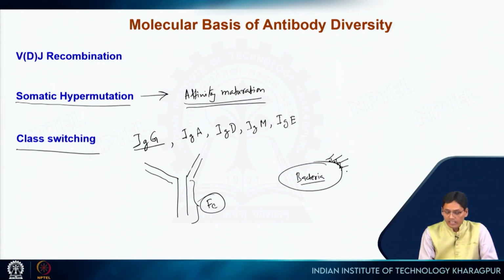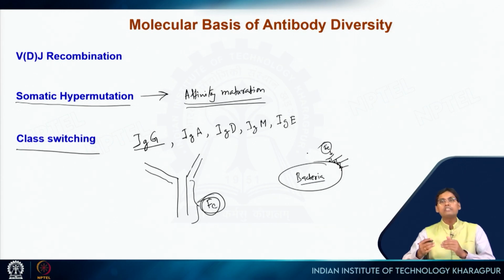Now this is the Fc region. Some immune cells have Fc receptors, and different types of Fc receptor are present, for example Fc gamma, Fc epsilon, depending on the type of immune cell. This Fc region will bind to the Fc receptor on those immune cells, and they will recruit other immune cells so that they can kill this pathogen very effectively and clear the infection very effectively.